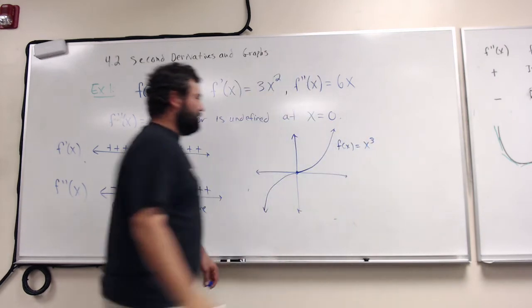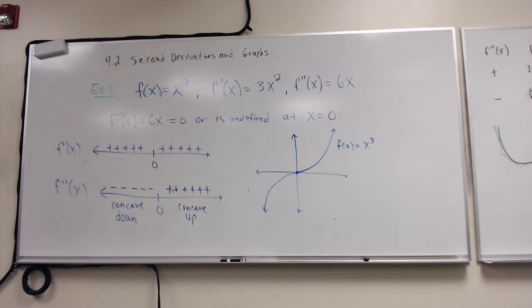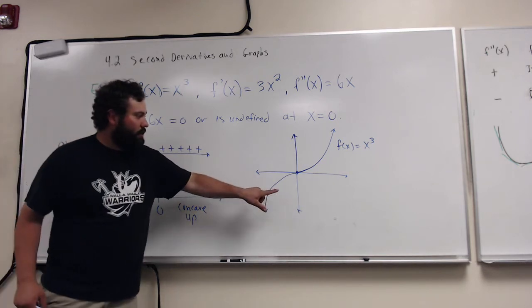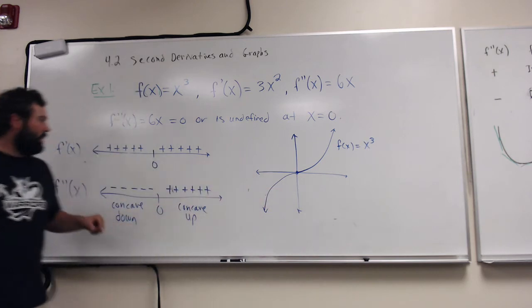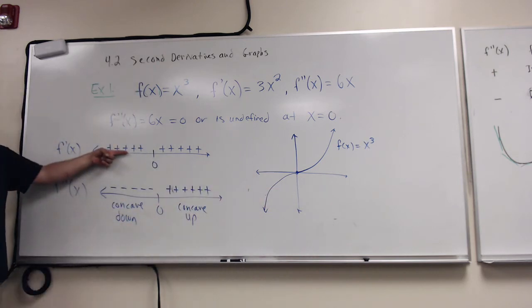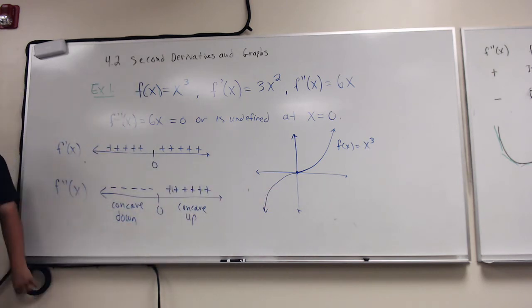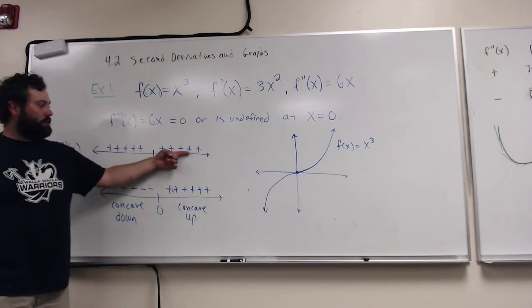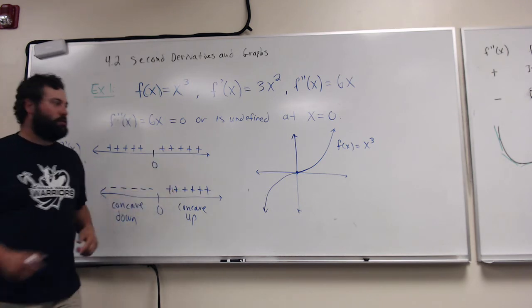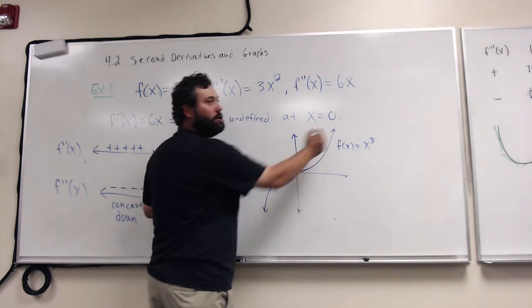There's a good rough sketch of the graph of f of x equals x cubed. Like I said, you can compare the graph. The function's increasing but concave down because of what happens to the left of 0 with the first and second derivative. To the right of 0, you're still increasing but you're concave up, so you have a more curling upward shape.